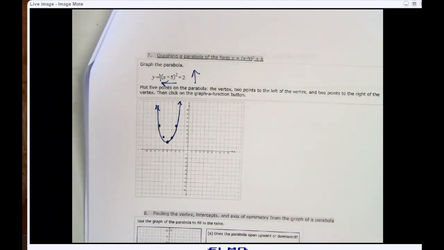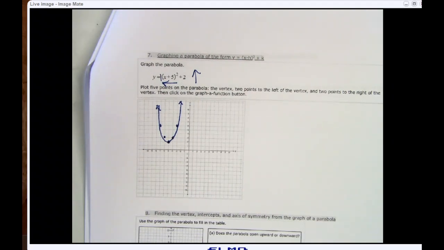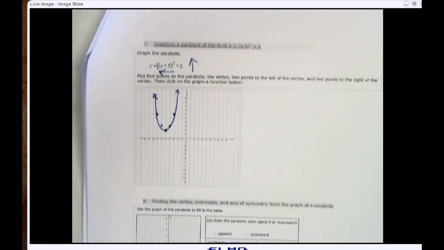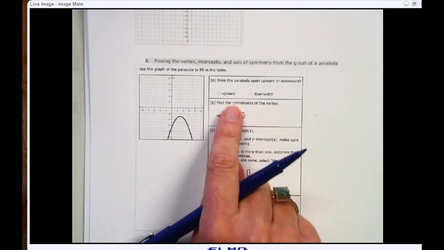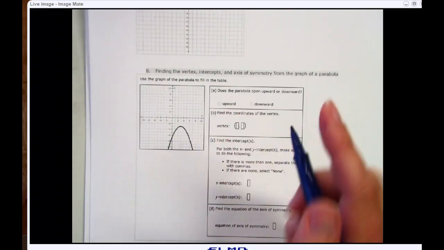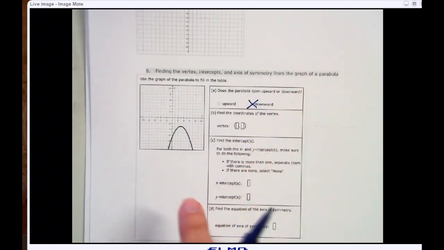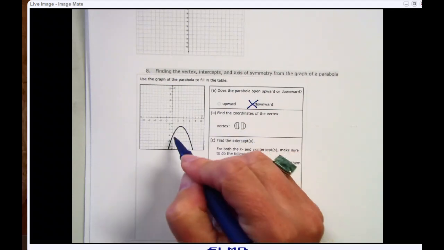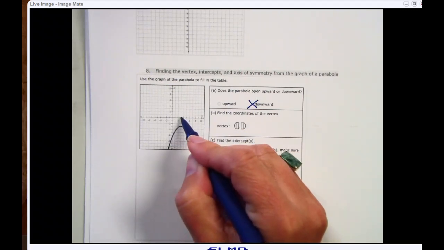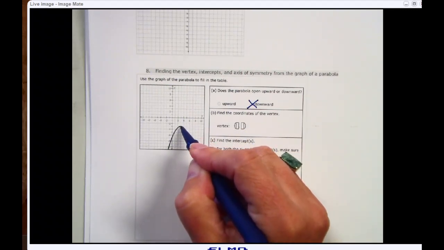Today, they're not always going to be in vertex form, and they'll kind of force you to find some of the key features. On this one, some basic questions. Is it open upward or downward? Down. Find the vertex. Over 3, down 3?